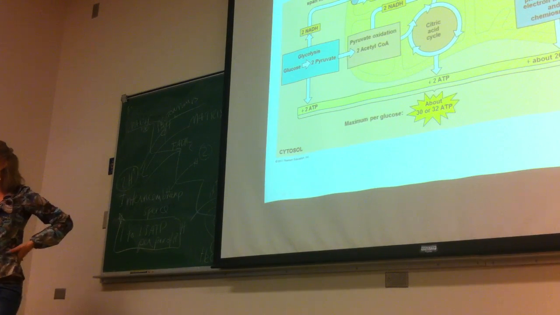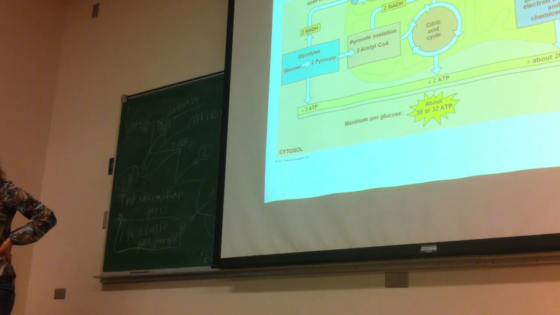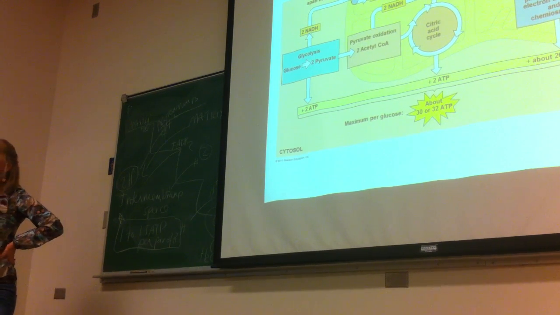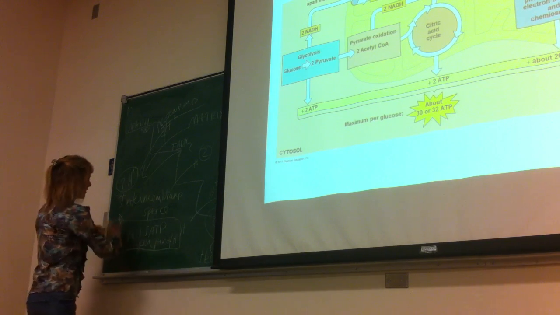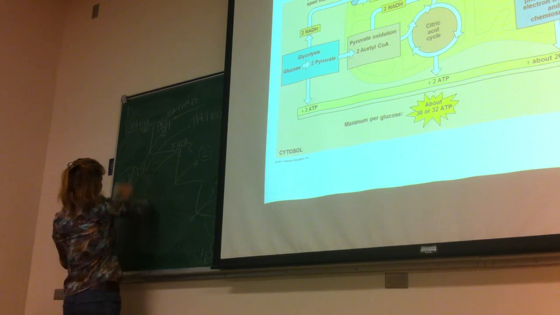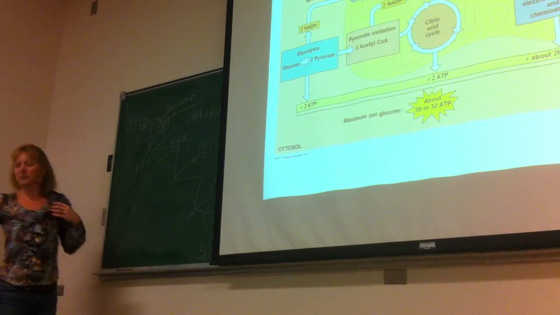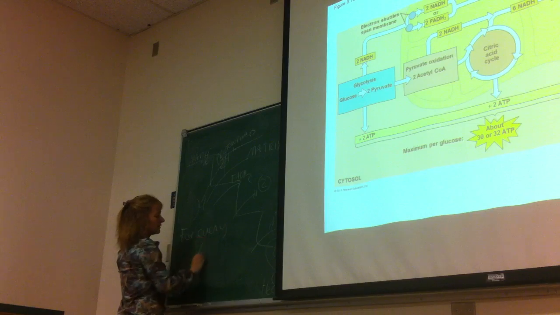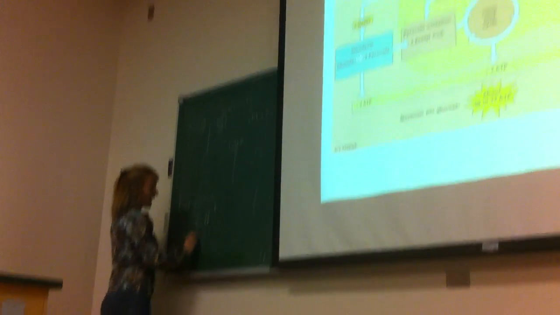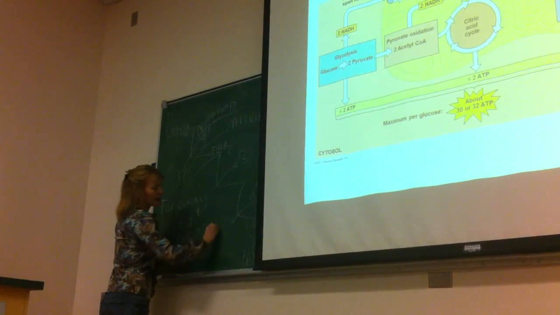I was thinking for every 6 hydrogens, you're getting between 2 and 3 ATP. And that's true. So let's write it that way. I remember that correctly. For every 6 H+, you get 2 to 3 ATP.